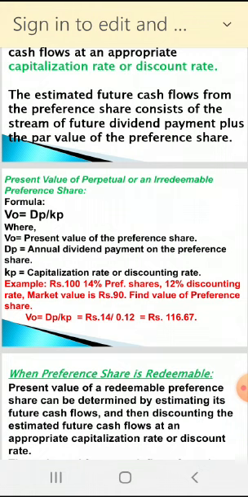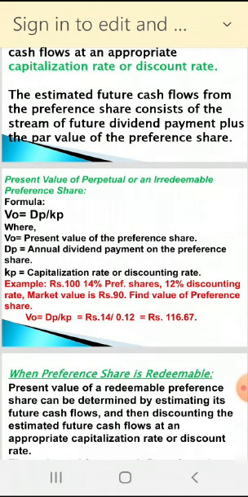This is the present value of the preference share, and it is available in the market at rupees 90. So do we have to buy or not? Naturally, we have to buy this preference share at rupees 90. It is more beneficial to us. That is why we are finding the value of the preference share. Is it clear?